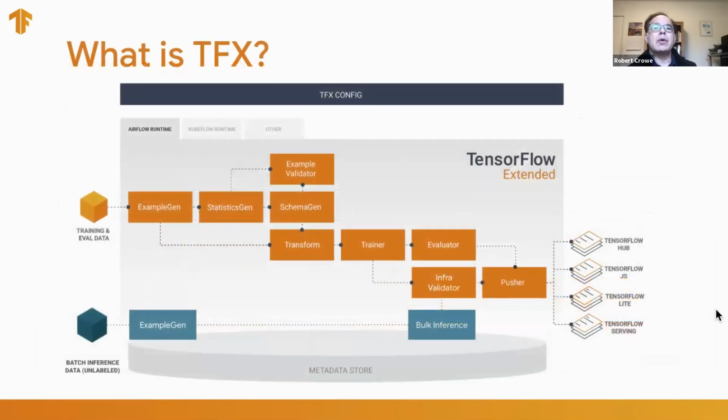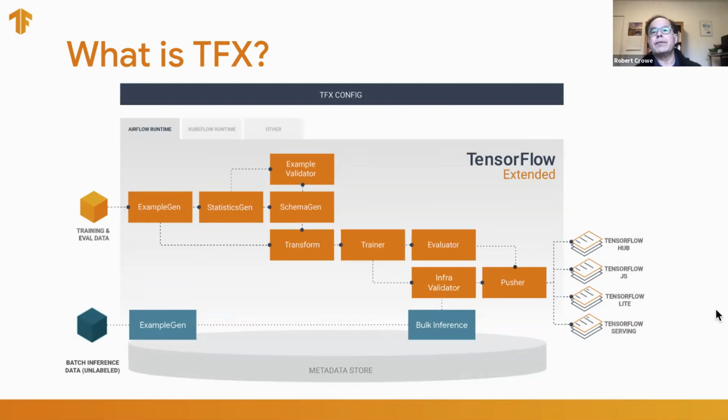So this is another look at TFX that shows really the dependencies and the flow through the pipeline. And actually, there's two pipelines shown here. The one in orange is a training pipeline, and the one in green is an inference pipeline where we're using a trained model to generate predictions in a batch setting.